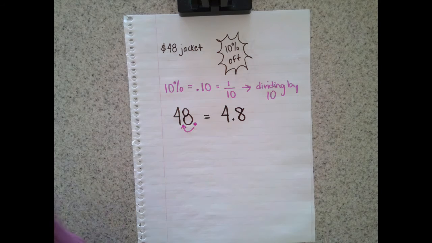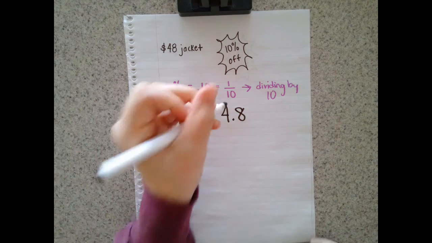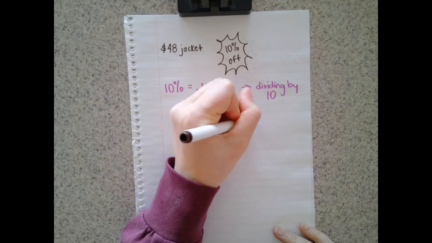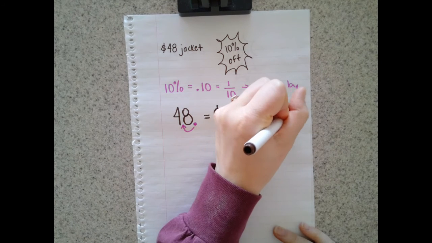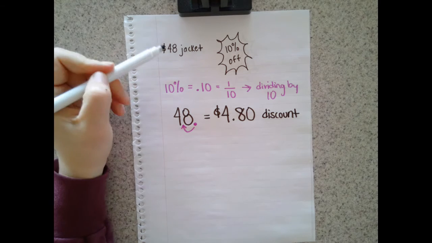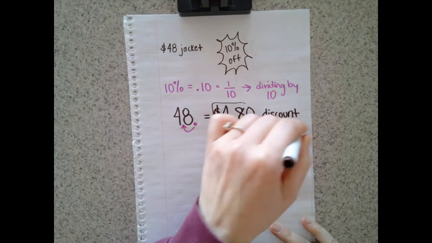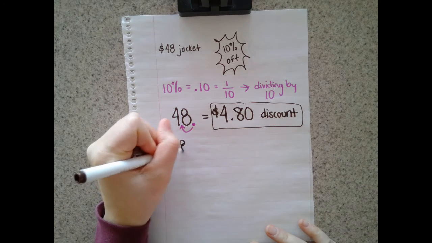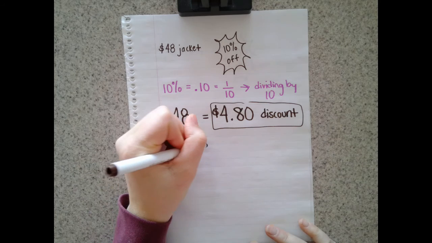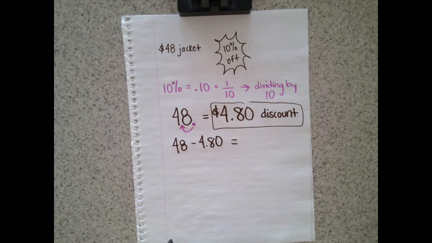By buying this jacket right now, while it's 10% off, you're going to be saving $4.80 discount. Okay, it's that easy. You just slide the invisible decimal point one in and you know you're saving $4.80. So what are you going to have to pay? Well, if you take $48 minus $4.80, that will give you your new price.